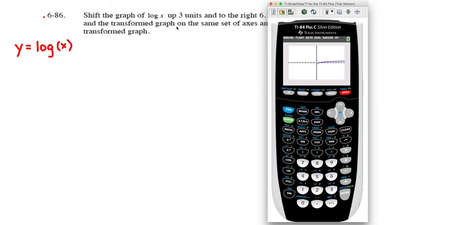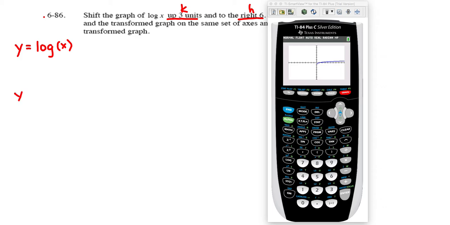Let's look now. They want us to shift the graph up 3 units and to the right 6. Now we've talked about shifting graphs a lot earlier in the year. We haven't done a lot of shifting recently, but we know that shifting it up usually involves k, and shifting it right usually is going to involve h. So let's think about what this equation might look like if it followed the same properties as many of the other ones we had. Remember we did quadratics.